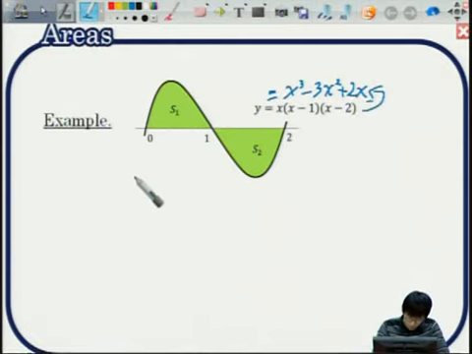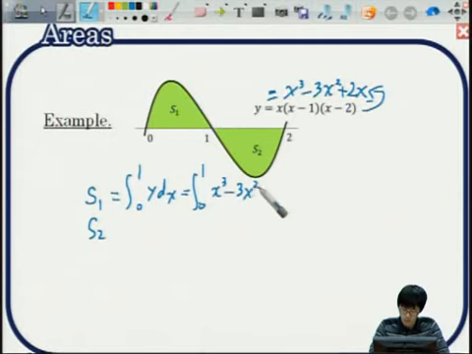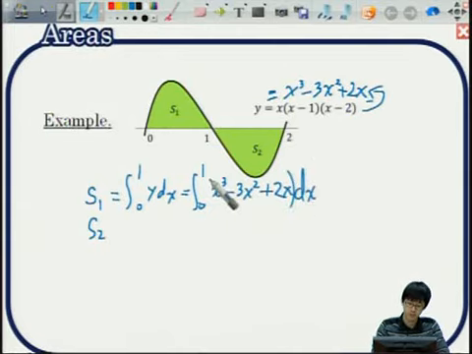And these areas I'm going to get separately and add, which means this one will be 0 to 1 y dx, right? Which means 0 to 1 of x cubed minus 3x squared plus 2x dx, right? So this is S1.